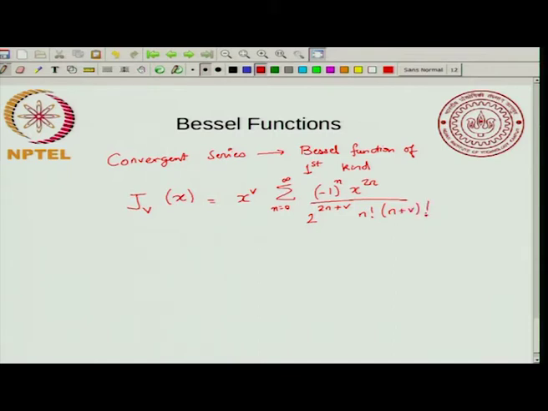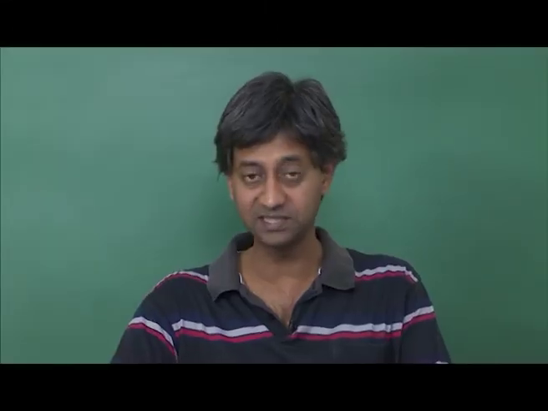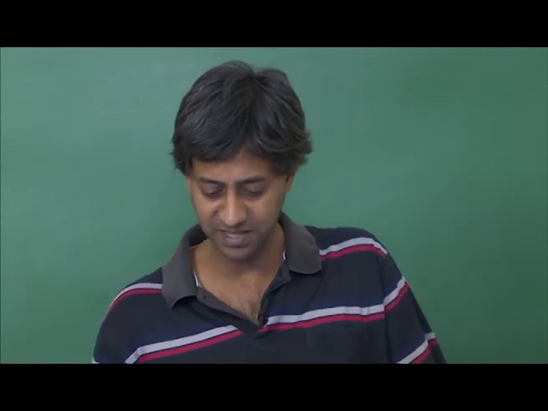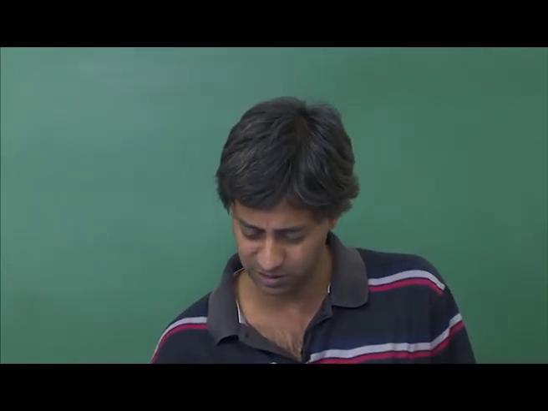Only the even n contribute, which is why I took x raised to 2n. So, this is what you get. If you use the power series method in the usual way, you will get this convergent series when v is either 0 or a positive integer.